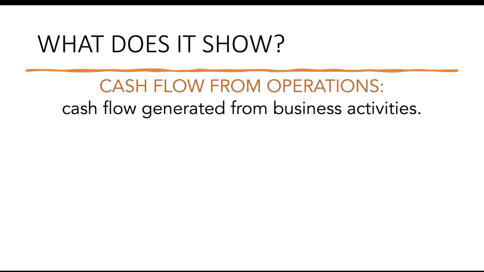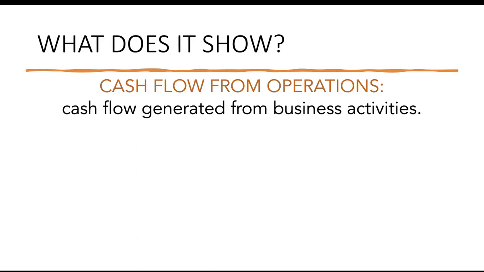The cash flow statement includes cash made by the business through operations, investment, and financing, the sum of which is called net cash flow. The first section covers cash flows from operating activities, or CFO, and includes transactions from all operational business activities.